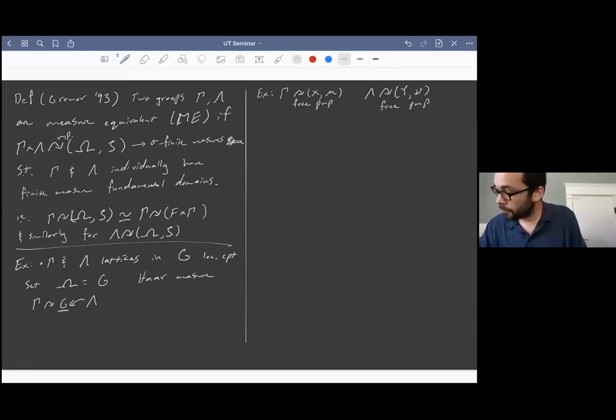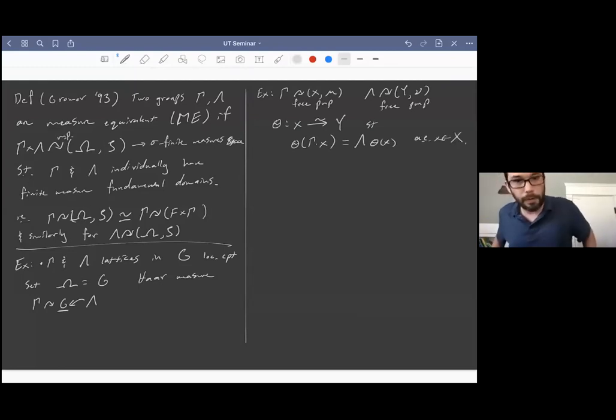And then suppose we have an isomorphism theta between X and Y which preserves the orbits, such that theta of a typical orbit of gamma is the same as an orbit of lambda, for almost every x. This is called an orbit equivalence between the two actions. Well, in this case, you also get a measure equivalence between these two groups.